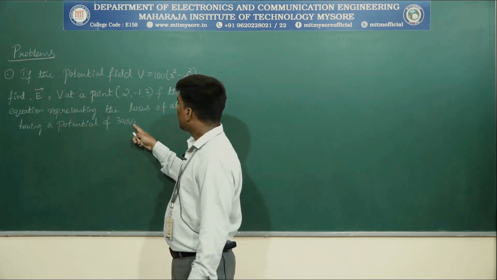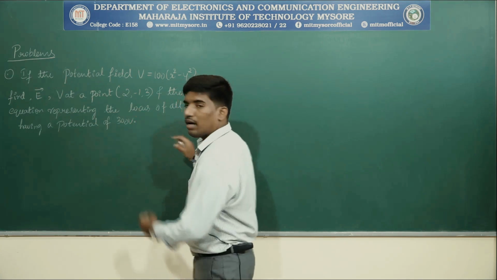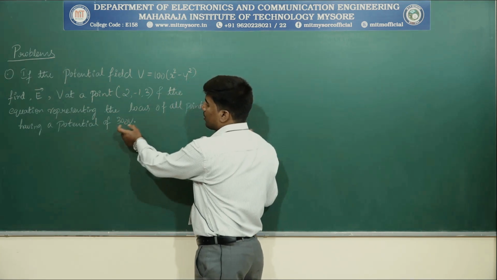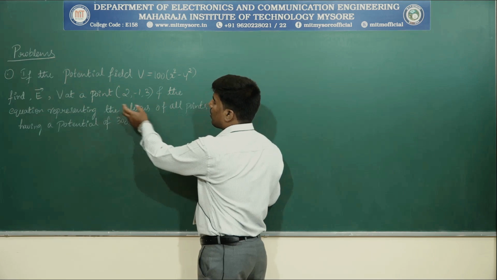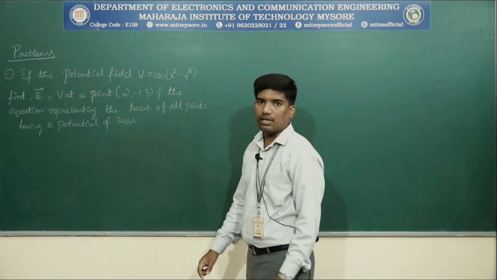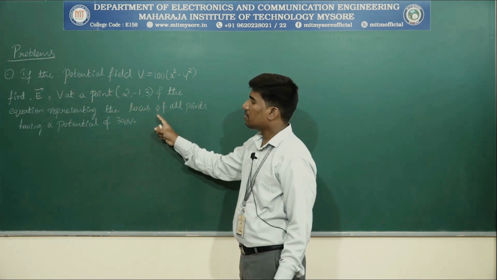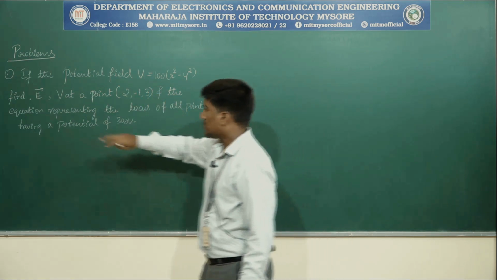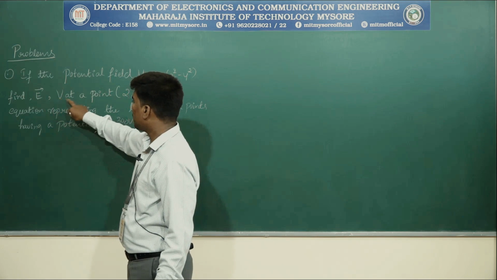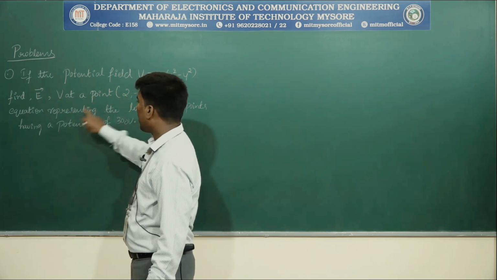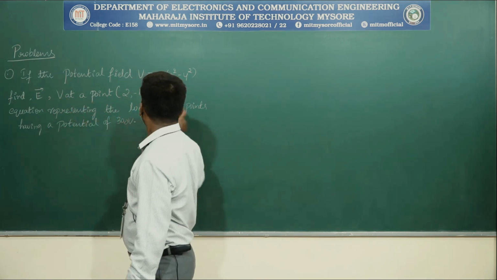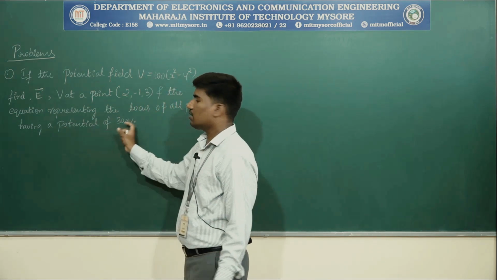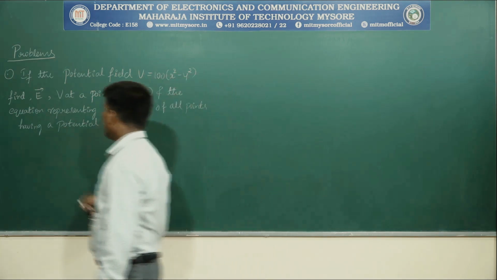We need to write the equation for all the points where the potential is 300. Okay, so this is the problem statement given. We need to calculate three different aspects here. One is E, another one is V at this particular coordinate, and the equation representing all the points having the locus of potential 300. Okay, solution.